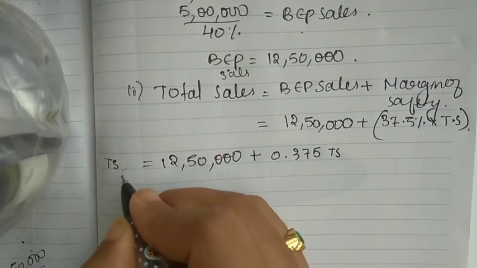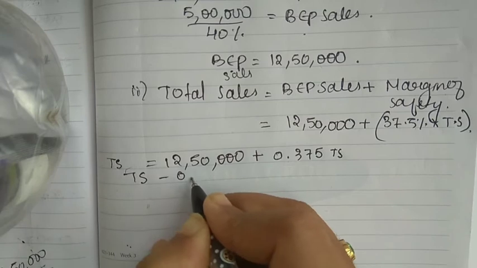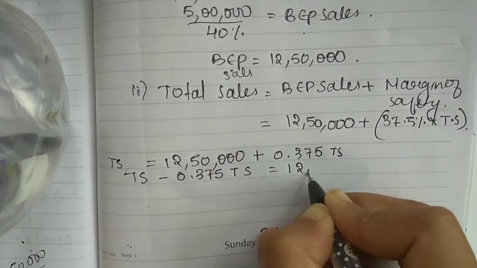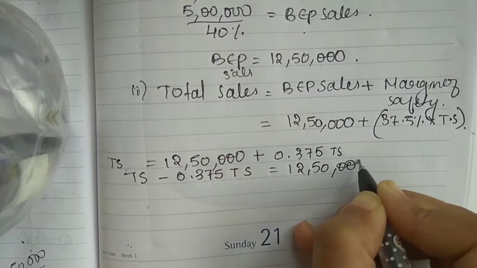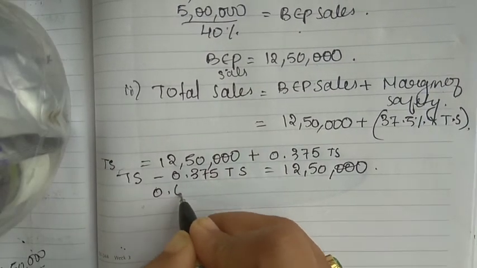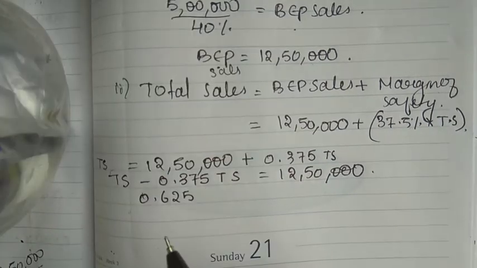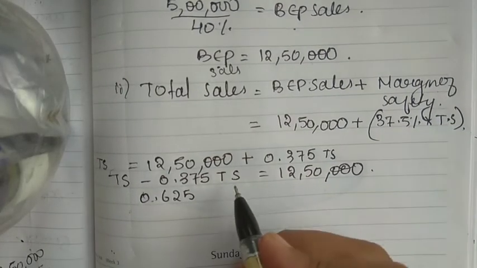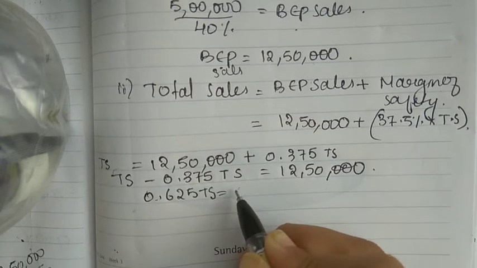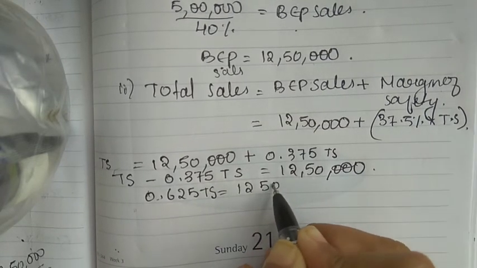So total sales minus 0.375 total sales is equal to 12,50,000.